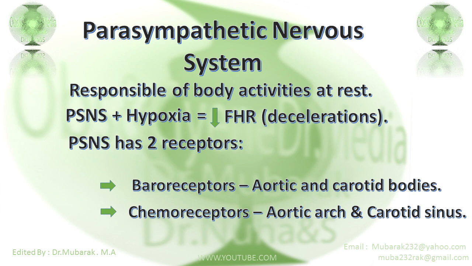Chemoreceptors. These are found peripherally on the aortic and carotid bodies and centrally within the brain. Chemoreceptors are stimulated by changes in biochemical composition of the blood, responding to increased hydrogen ion and carbon dioxide accumulation and low partial pressure of oxygen.